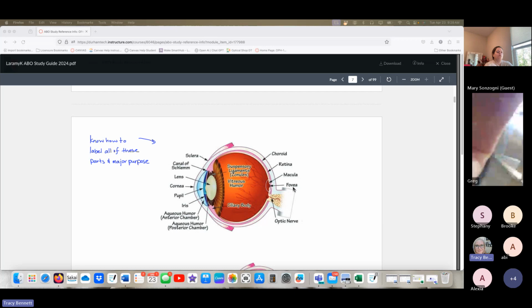The very, very center is the fovea centralis. Of course, you've got your optic nerve. That's the supplier, where all that information gathered by the retina is sent back to the brain, where vision actually happens.